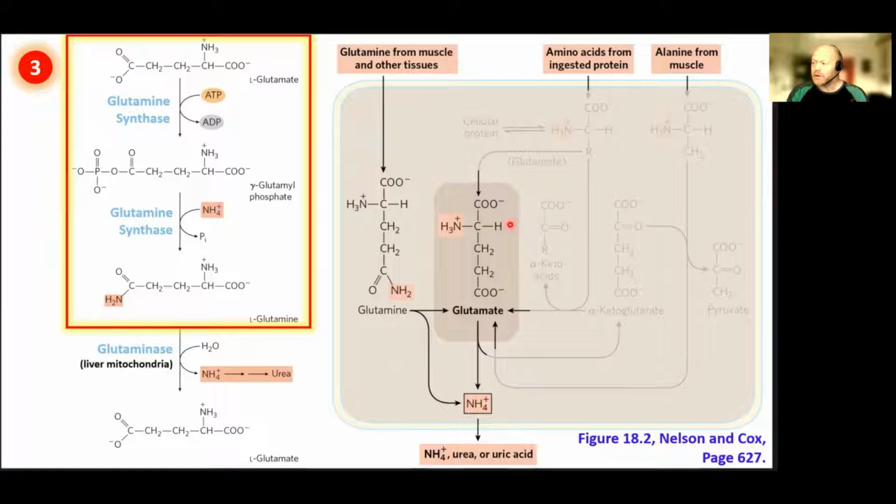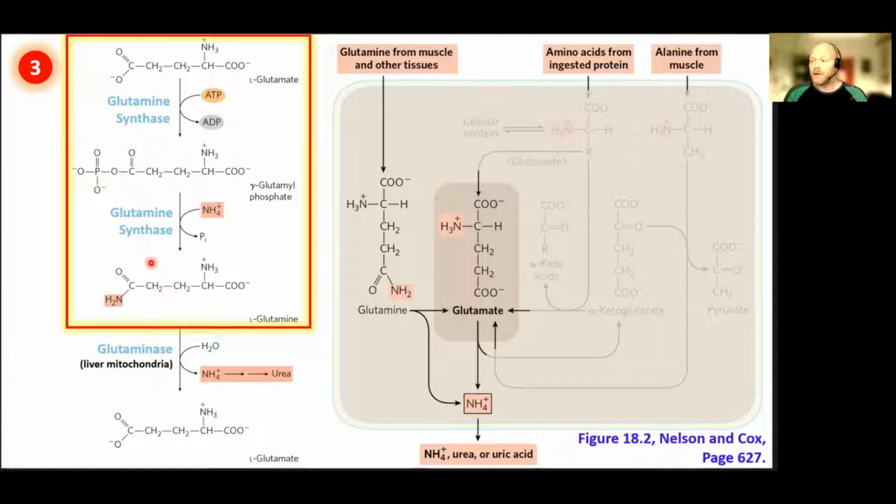In muscles and other tissues that use amino acids for fuel, their amino groups are collected in the form of glutamate and is further converted to glutamine. So the reaction scheme to the left shows how this is done. Two enzymes are important in this process: glutamine synthase and glutaminase.